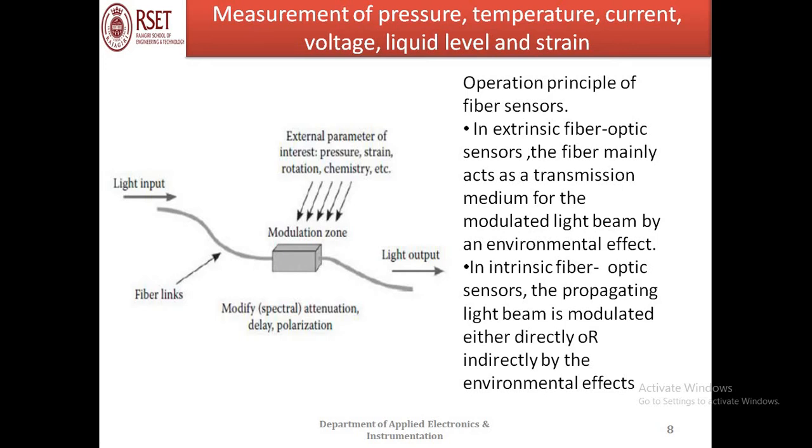So the diagram shows the light input, then the fiber links, and the modulation zone in which we are applying the external parameter of interest like pressure, strain, rotation, chemistry, etc. And then we are taking the modulated output as light output.